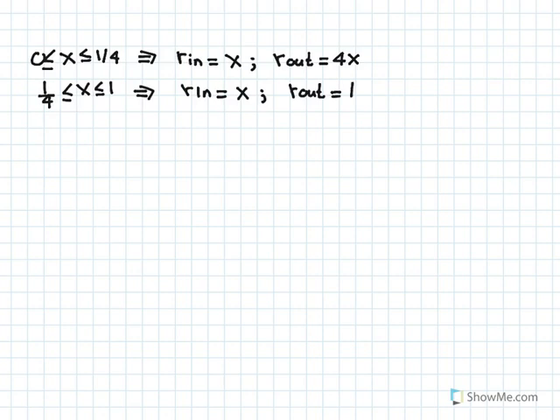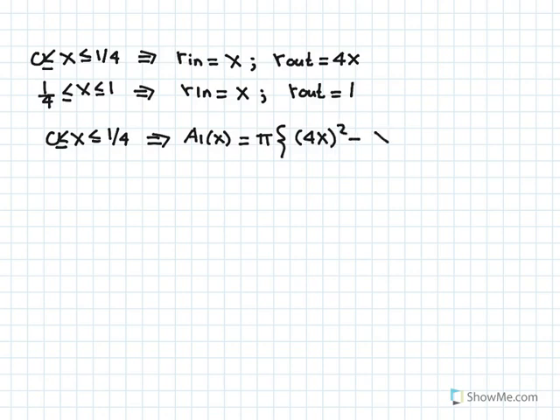All right, so when x is between 0 and 1/4, the cross-sectional area of the washer, A1 of x, is going to be pi times the outer radius squared, that's 4x all squared, minus the inner radius squared, which is x squared.